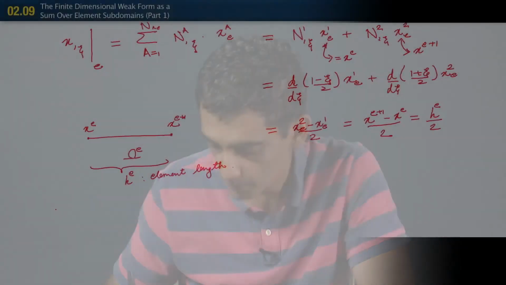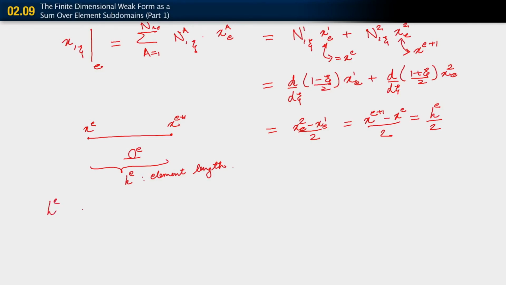Importantly, what this allows us to do from the ground up, even from this very simplest of finite element formulations, is to have elements of unequal lengths. So in our partition of the domain omega into subdomains omega_E, there was no requirement, and indeed there is no requirement, that the elements all have to be of the same length. So h_E can be different for each omega_E.